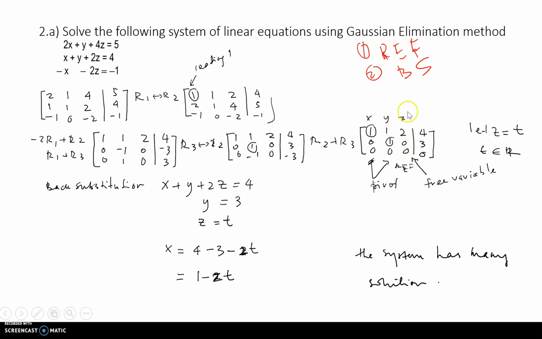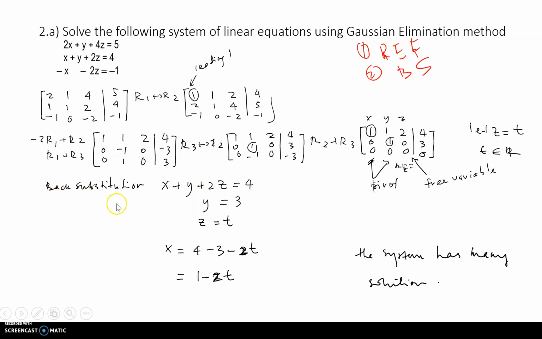But the third column, which represents Z, is non-pivot, so Z will be a free variable. Therefore, you should assign Z to a parameter. Any parameter; here I assign T, so T is any real number.